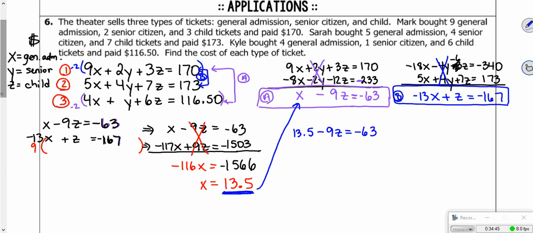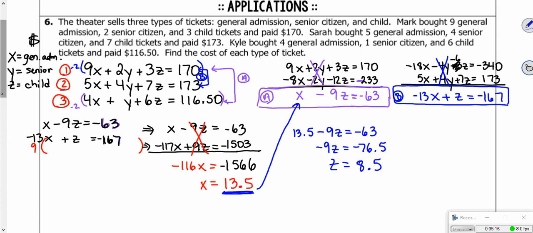So -63 minus 13.5, if we pull it over, we've got -9z equals -76.5. So that divided by 9, z is 8.5. So now we've got z is 8.5, x is 13.5.